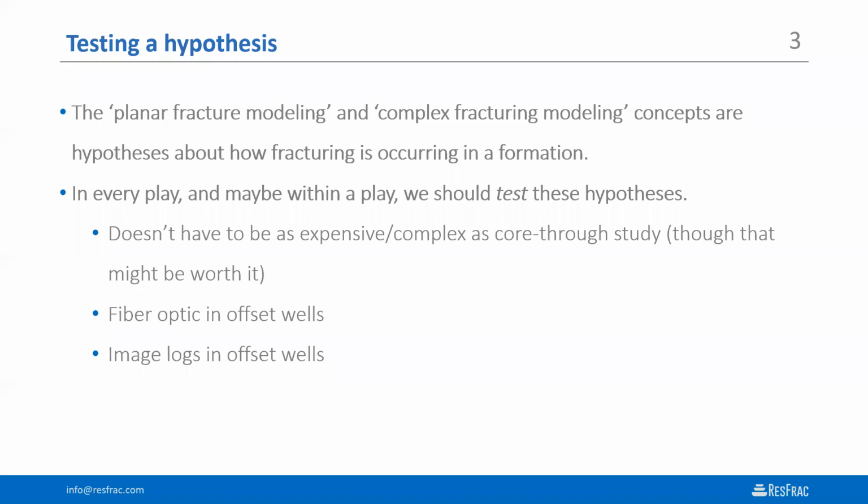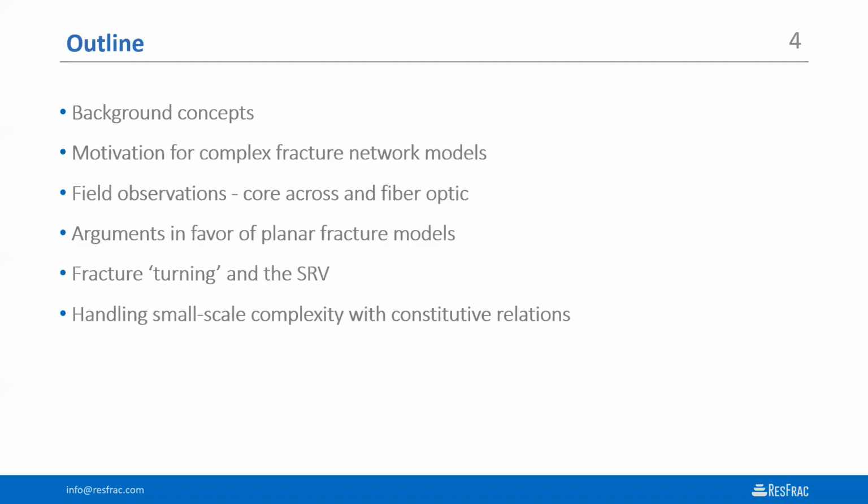So there are relatively cost-effective ways to start understanding, in a direct measurement sense, what fractures look like. Certainly microseismic is a very important tool in our toolbox, but it's important to keep in mind that microseismic is an indirect measurement, and quite a bit of interpretation goes into it. That's why, for the detailed question I'm addressing here, I really appreciate direct measurements.